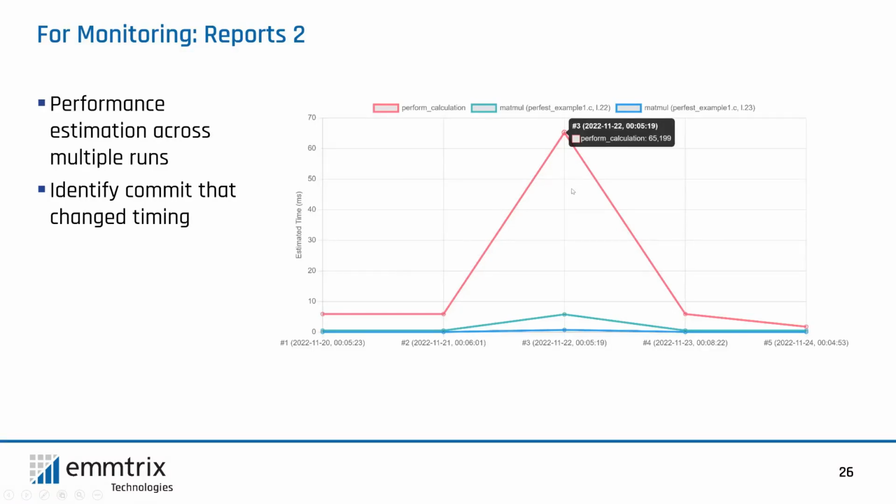I think in this example, it was just a small change of changing the data type from float to double without thinking about the target platform. And suddenly, it's more than 10 times even, the runtime difference here. So you can identify this kind of cases.